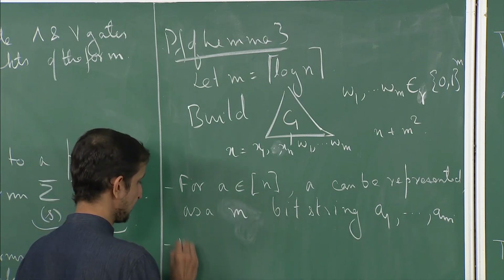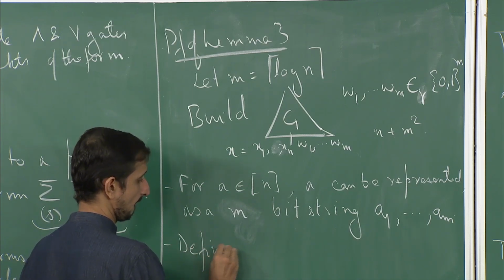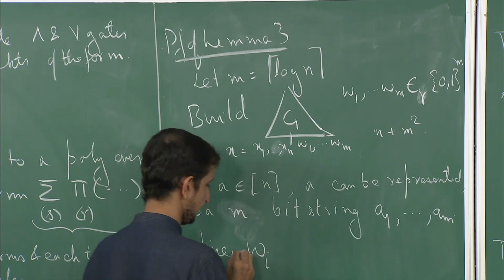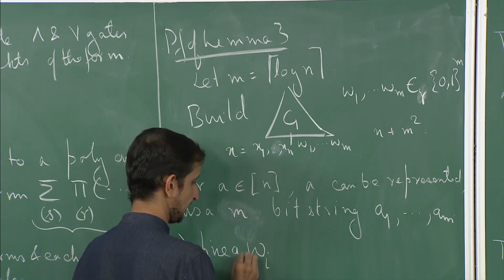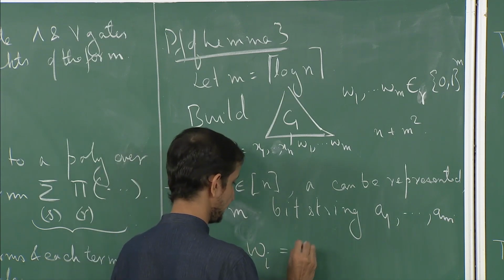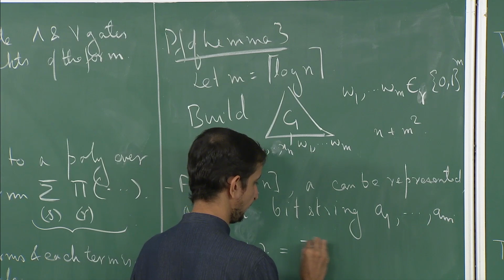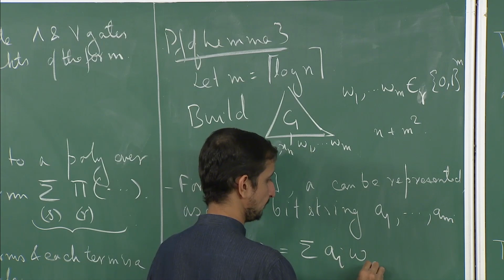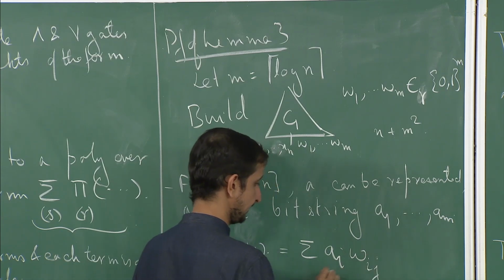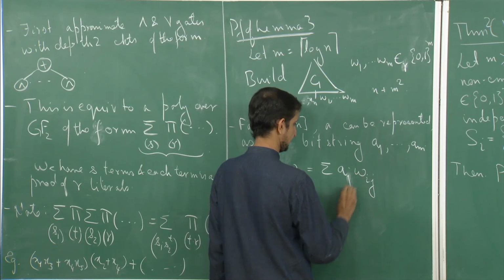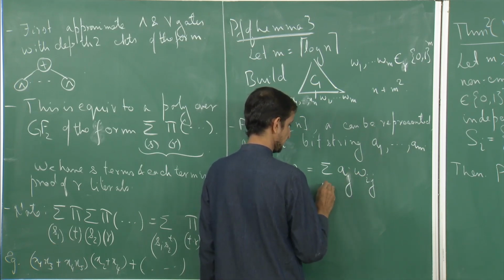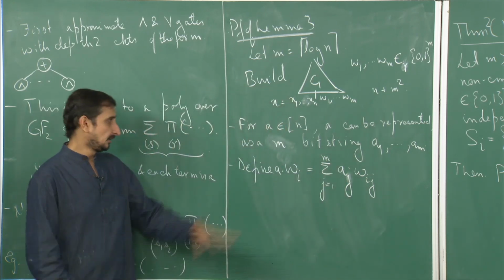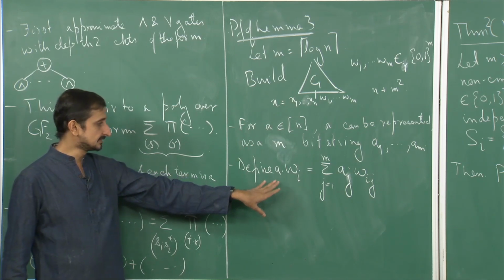And we define a dot wi to be the sum of aj wij, j going from 1 to m. This is again just standard.